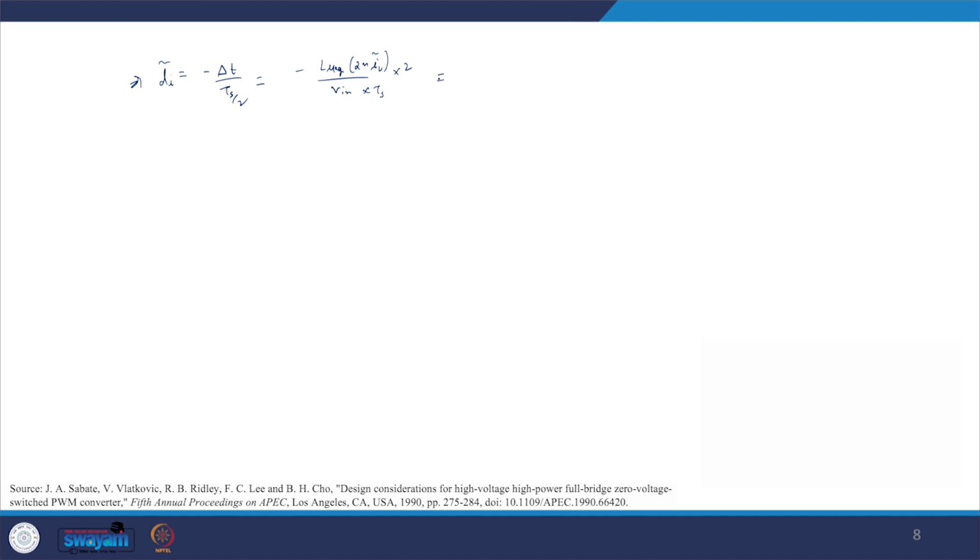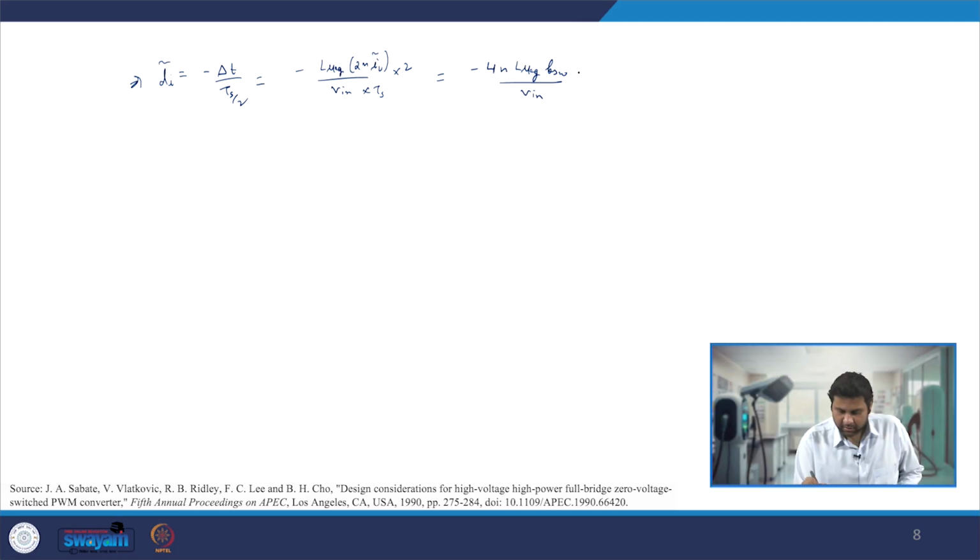That comes out to be minus 4N L leakage F switching frequency divided by V in times IL, because we know that our Ts is 1 by Fsw. So we finally get minus 4N L leakage F switching by V in.